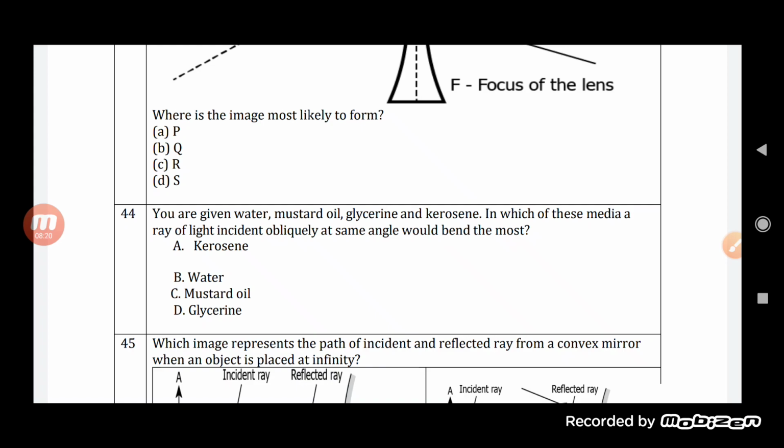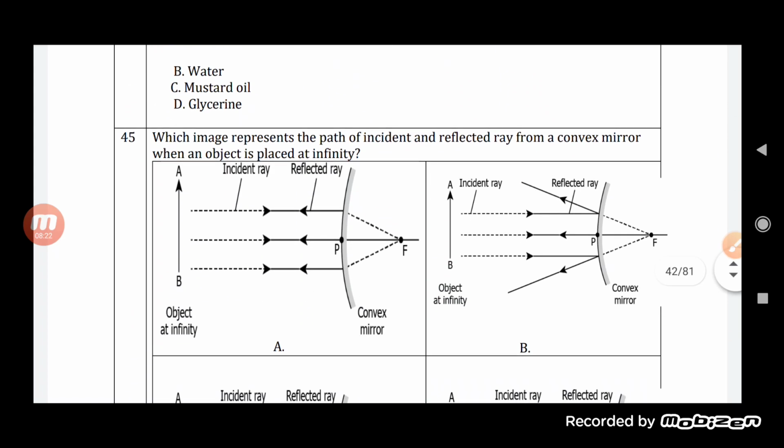Now in question number 45, you will see which image represents the path of incident and reflected ray from a convex mirror when an object is placed at infinity. Basically, when the object is kept at infinity, in the first one a ray of light is coming and then it is reflected back as it is.